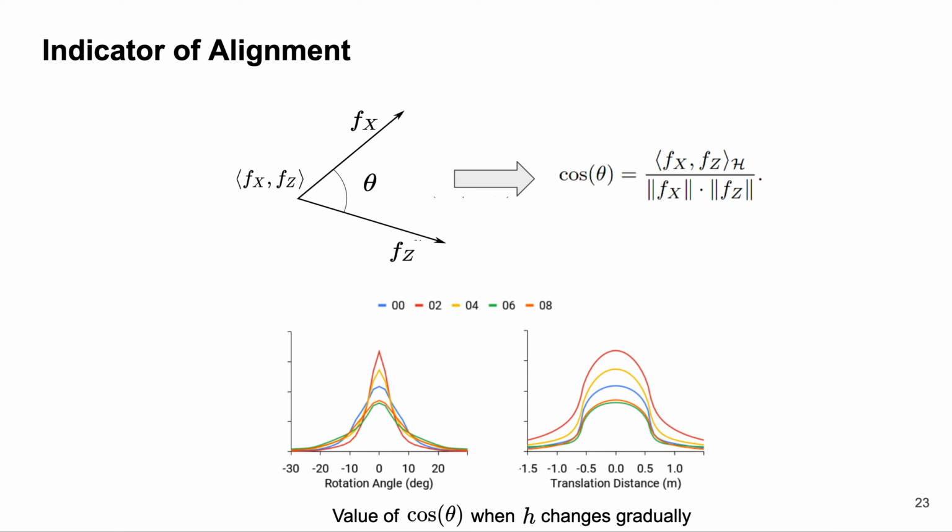Below is an example from the KITTI dataset where we change the homogeneous transformation by rotating and translating them, and we can see that the cosine value will change accordingly, and when the rotational angle is 0 and the translational distance is 0, this indicator of alignment will have larger values.